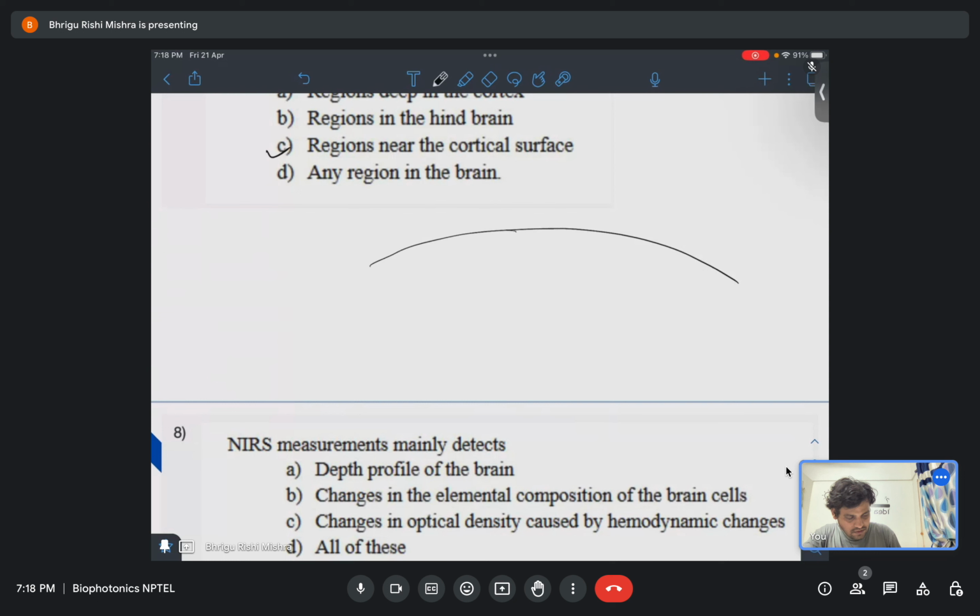Then you have another boundary like this, and then a small strip.